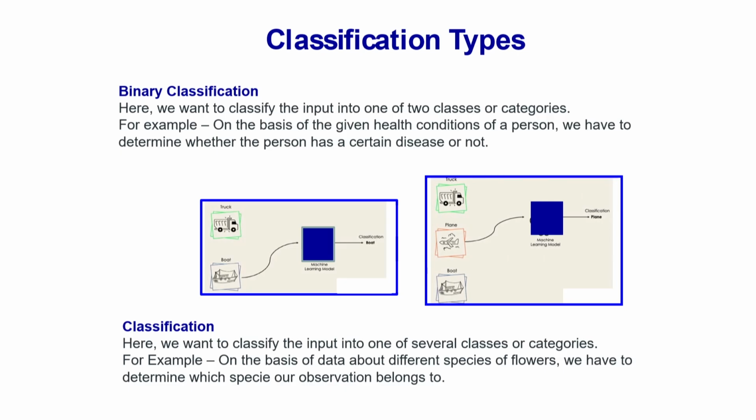Let us say you have a truck and a boat, and you want to classify them. That is a binary classification. Obviously, the way a truck looks and the way a boat looks are drastically different, so it is easy to classify them. You can also have more objects, like a truck, a plane, and a boat. You can classify that a plane is an object which flies in the sky, whereas a truck does not fly and a boat does not fly.